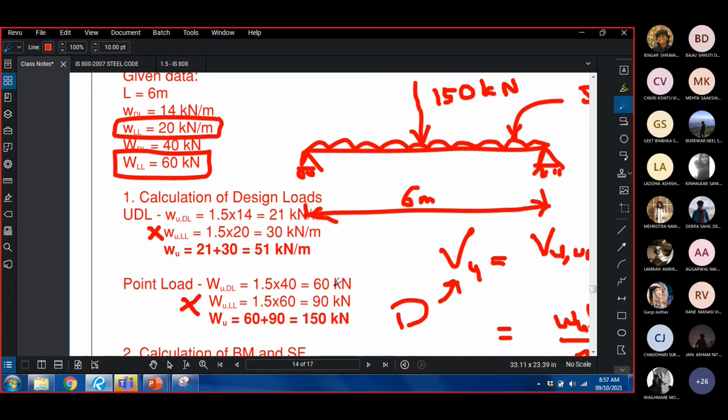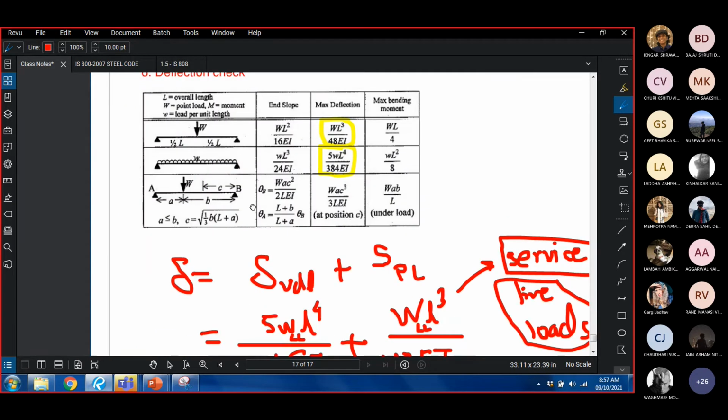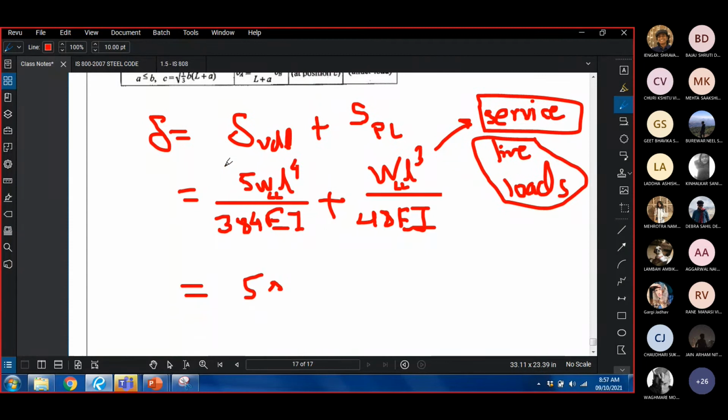We are not interested in deflection at the ultimate limit state when the section is about to fail. We don't care about deflections there. We care about deflections when the structure is being used. Therefore, we consider the service loads, which are also called working loads. Okay, so we'll just plug in these values.